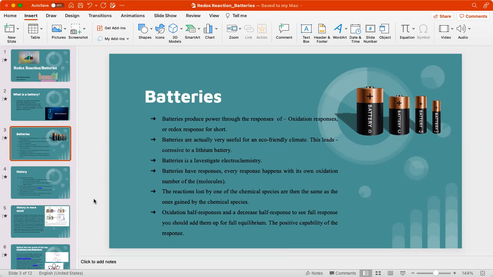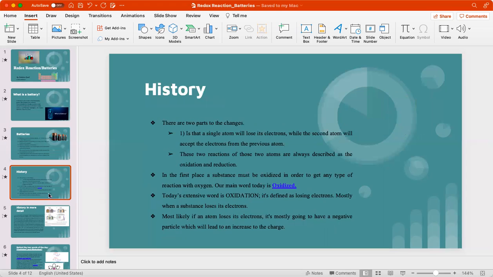The species that lose electrons are the same as the ones gained by the other chemical species. Oxidation half-reactions and reduction half-reactions are added all together to make the full equation.